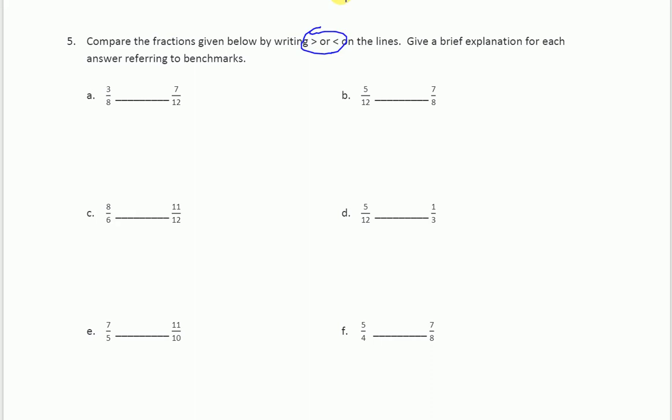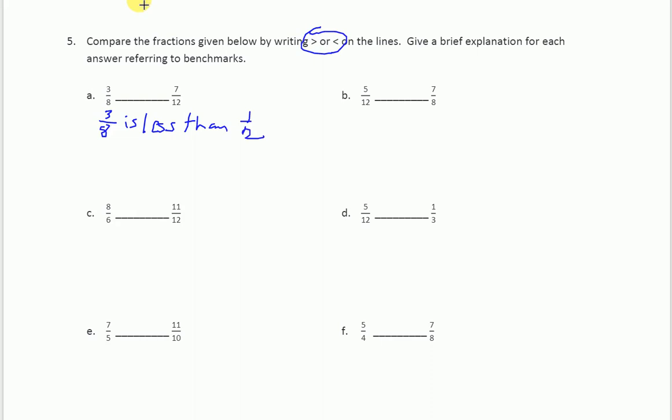All right, well, let's take a little look-see here. We have 3/8 and 7/12. Well, 3/8, I know that is less than a half. So 3/8 is less than 1/2.